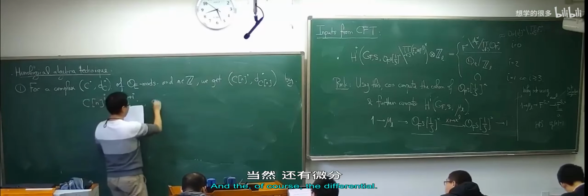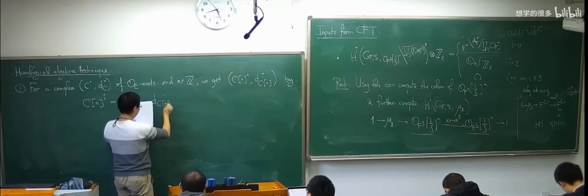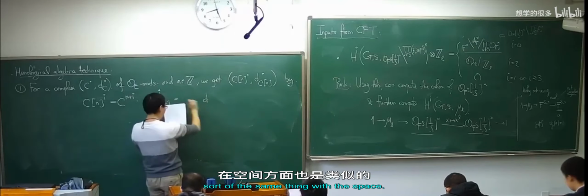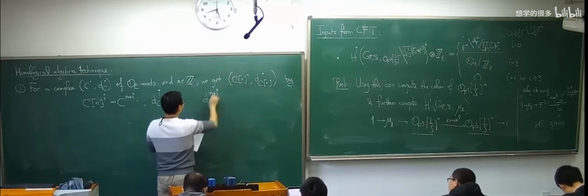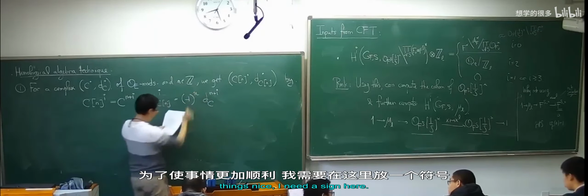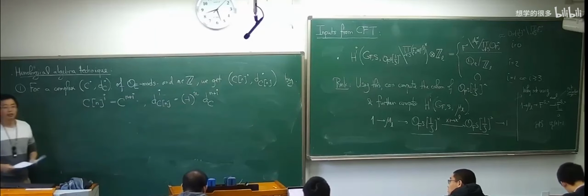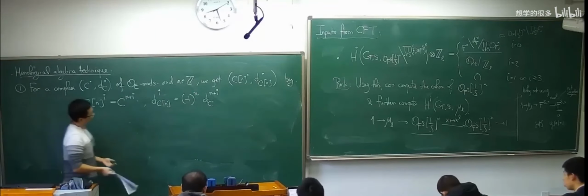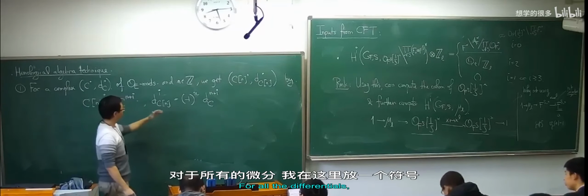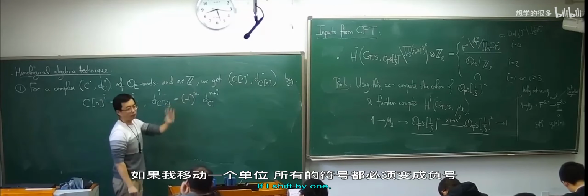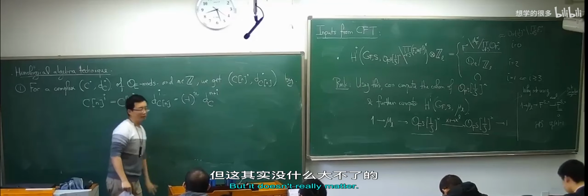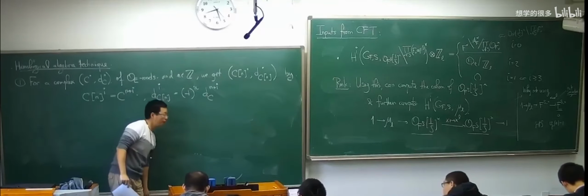And of course the differential is the same thing, but not quite. To properly make things nice, I need a sign here. This is just to make a lot of things work properly. For all the differentials, I put a sign here. If I shift by 1, all the signs go to minus. But it doesn't really matter for cohomology that much.